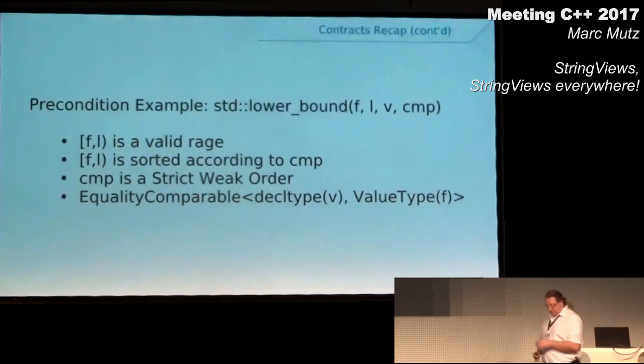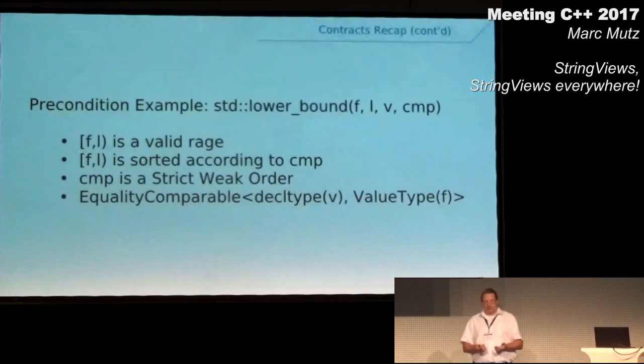What I can check is that it's equality comparable on the syntax level, but again, I cannot say that the decltype of V is actually not equality comparable. Strike that, it's from find_if. We don't need equality comparable, not for lower bound. So just keep the first three.